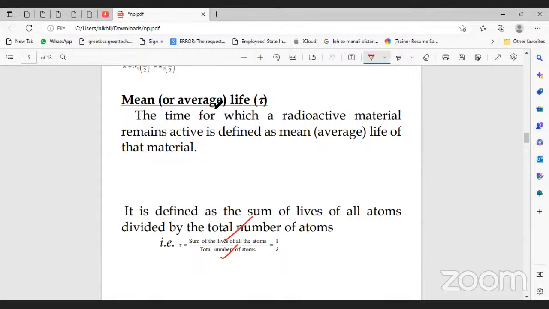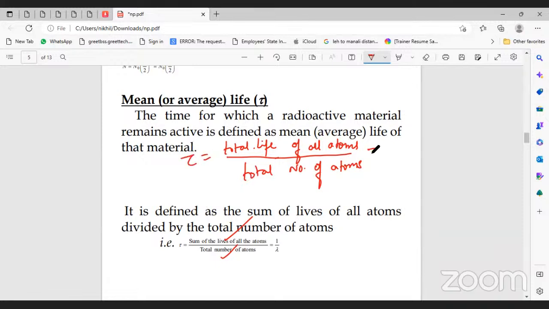This ratio is what we call the mean life. And please remember, mean life is the reciprocal of the decay constant.